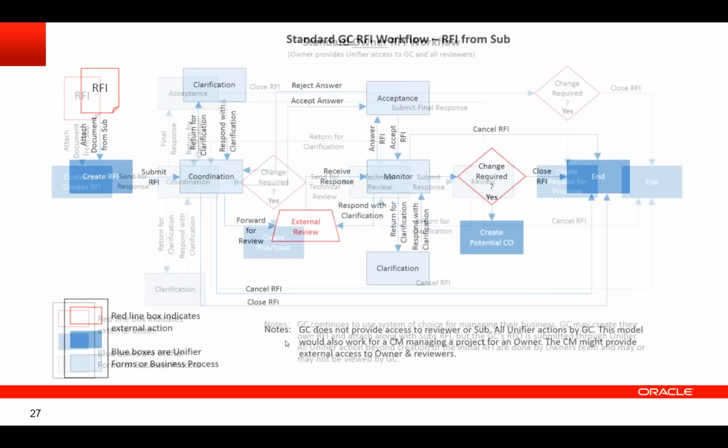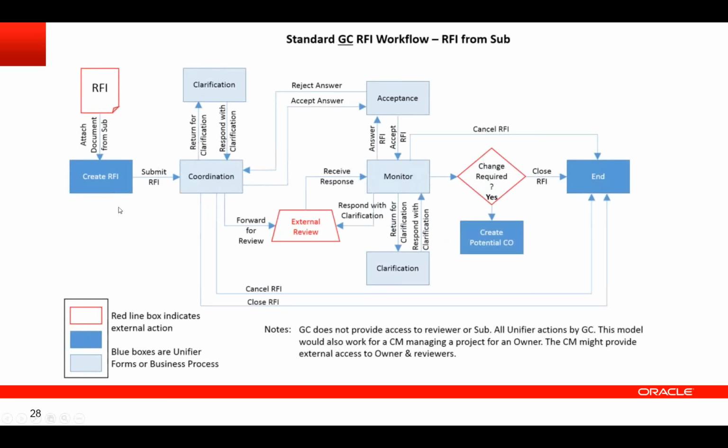Now, a general contractor, on the other hand, may receive an RFI from a sub. An internal person within the GC's environment might create the RFI. Make sure that the RFI is clear before sending it on to an owner for external review.